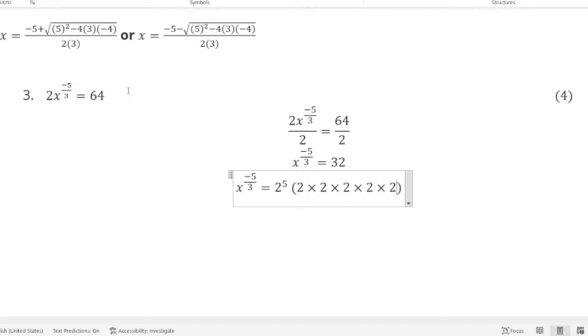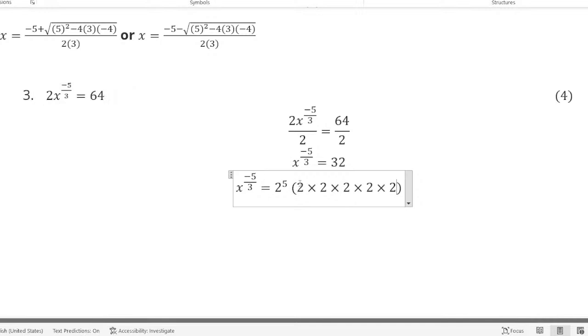So remember, when the bases are the same, we take a single base, in this case 2, then we add the exponents. Any number in maths is to the power 1, so 1 plus 1 plus 1 is 3, plus 1 is 4, plus 1 is 5. That's why we had 2 to the power 5. Again, if you don't have a background of exponents, you can contact us so that we can teach you.